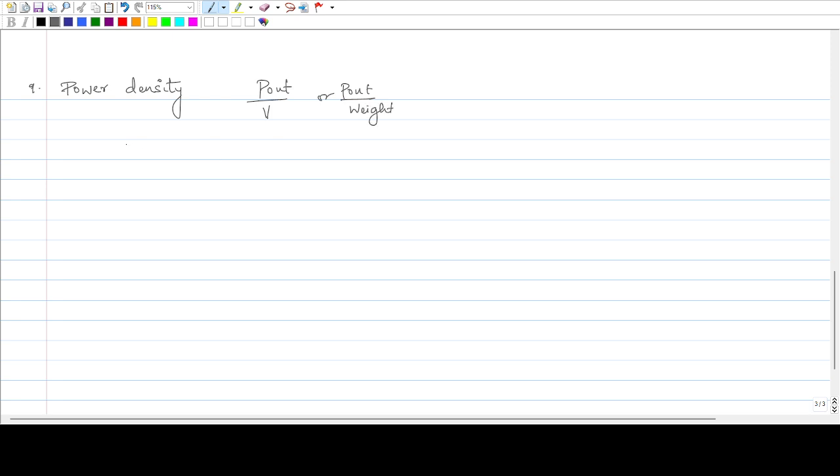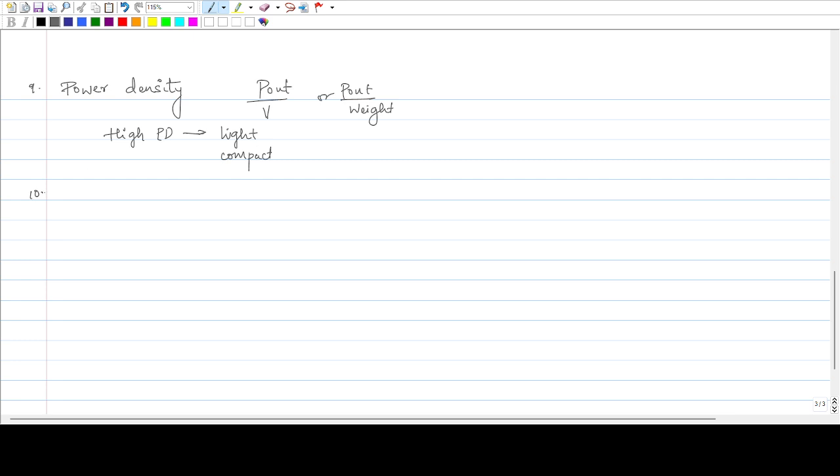Now, this means that if you have high power density, you have lighter and compact motors. And I need not again explain why we need light or compact systems without sacrificing the performance. We can have lighter versions of the motor, and the compact design can also be done.